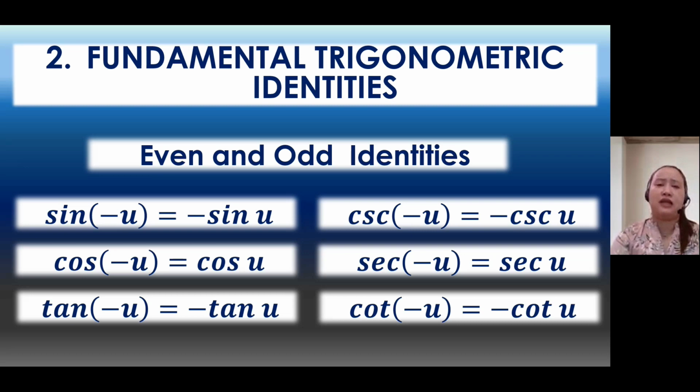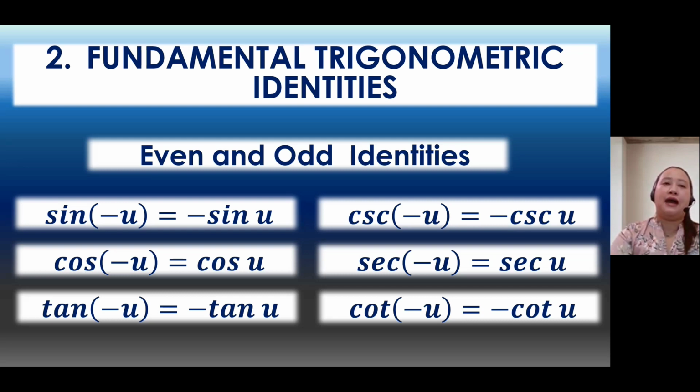But if you would like to use theta, you can still do it. You would notice that the angle on the left all have negative signs. Then on the right side, we do have the negative of the trigonometric function, and we do have the positive of the trigonometric function.